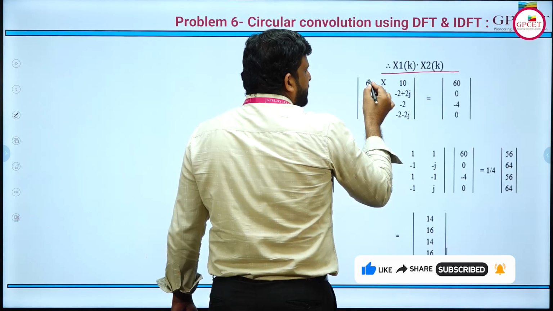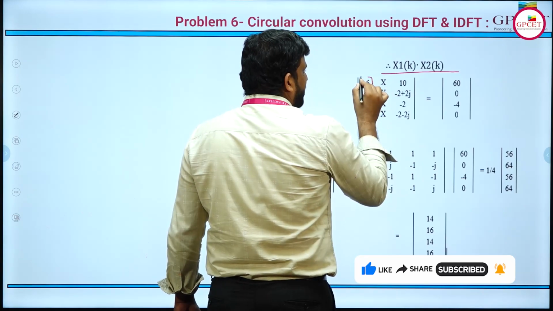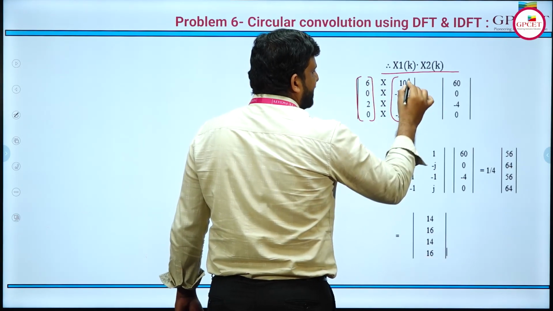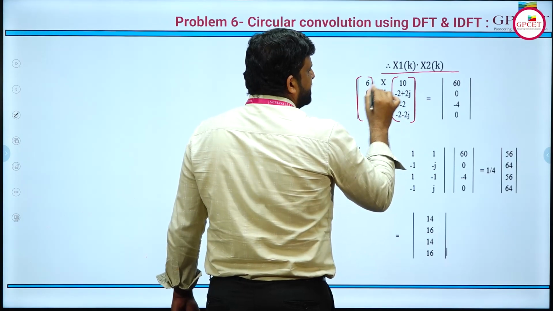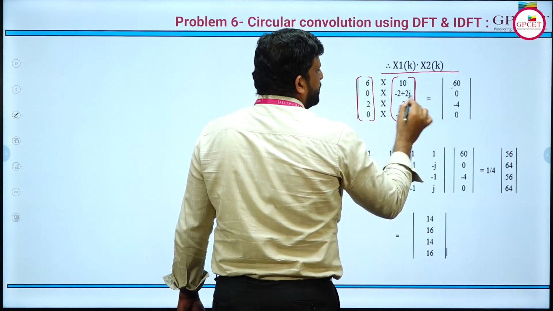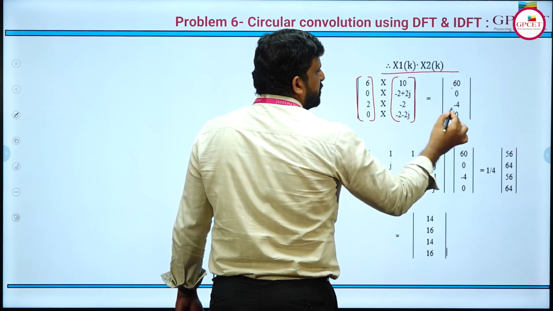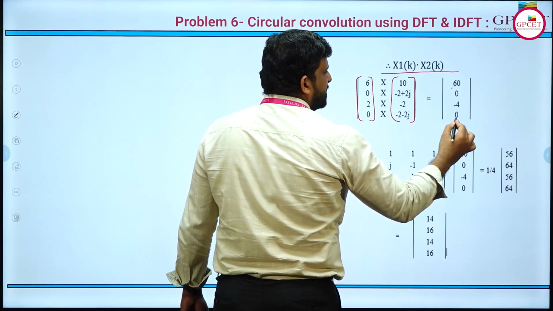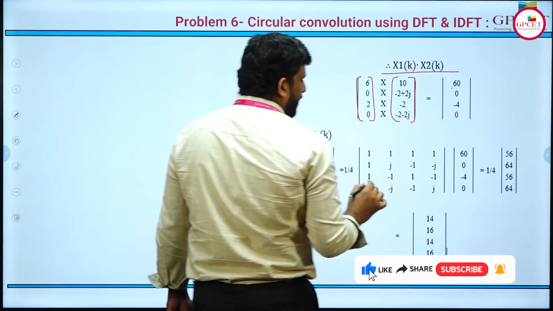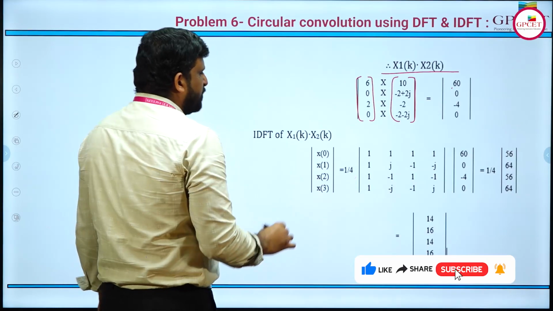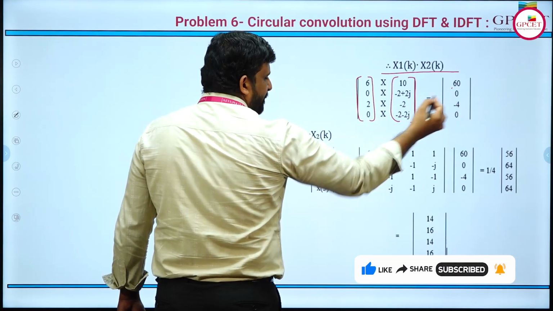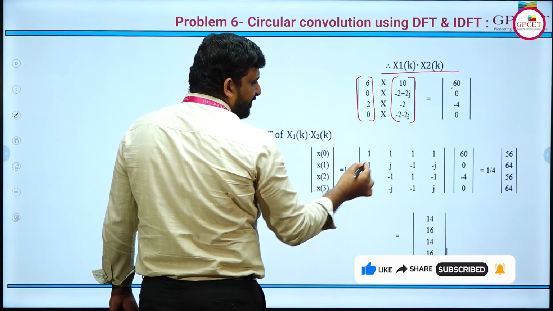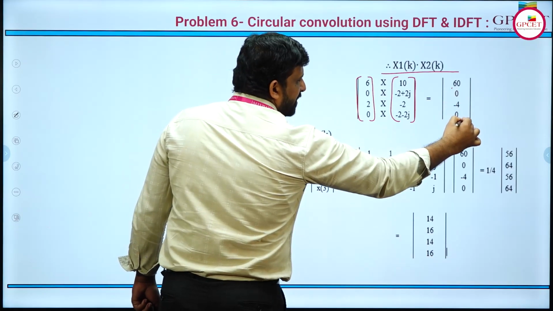So first this value is nothing but X1 of k and this value is nothing but X2 of k. I am multiplying 6 into 10, 60, 0 into this one I am going to get 0, 2 into minus 2 I am going to get minus 4, 0 into this one I got 0. This is the final value. Now, IDFT of this. So if I do this IDFT, 1 by 4, twiddle factor, IDFT.